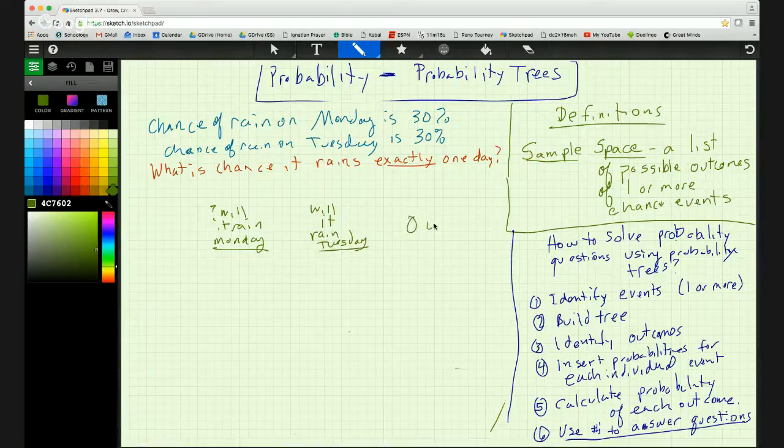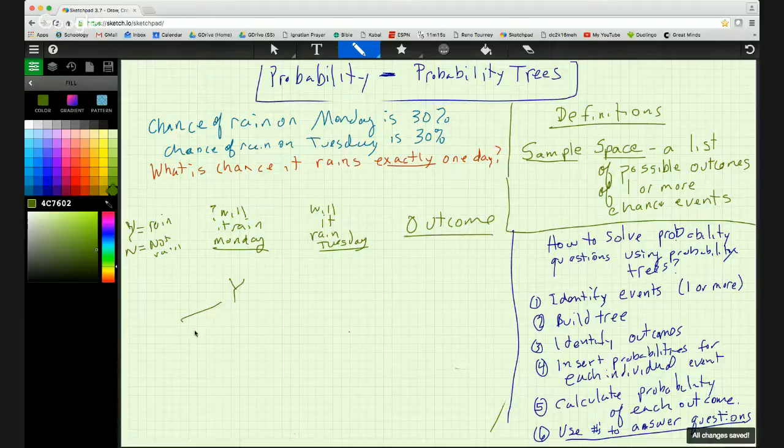And then we're going to have our outcome column. So question, will it rain Monday? We're going to say yes. So we'll just use yes. I'll put a little key here. Y equals rain. No equals not rain.